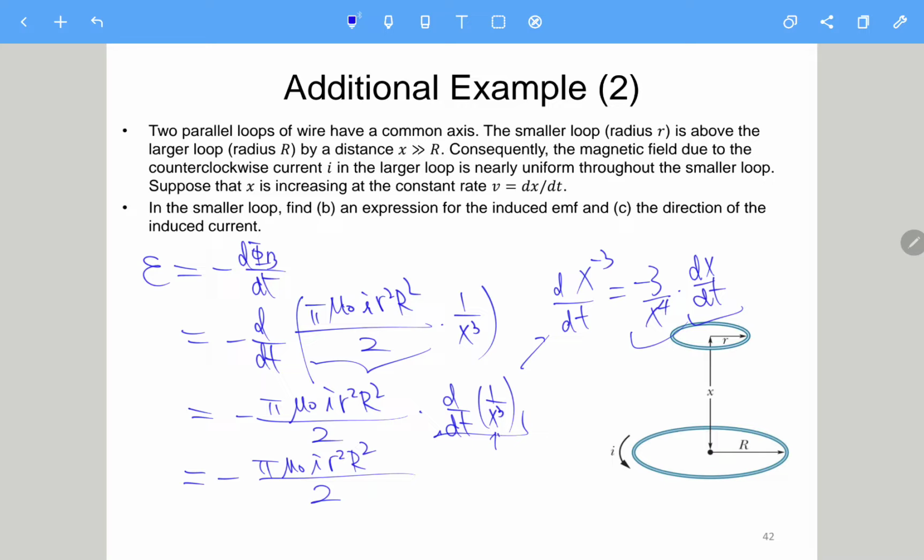And dx dt is of course v. So finally we can write it as 3 pi mu 0 I r squared capital R squared v over 2x to the fourth power. This is the expression for part B.